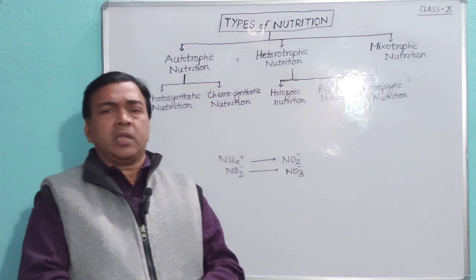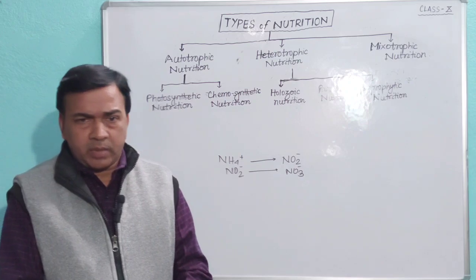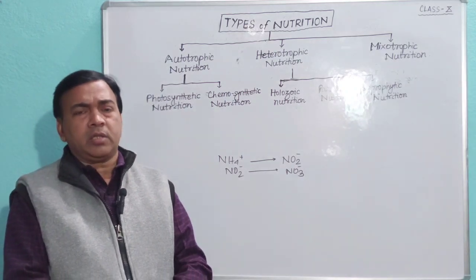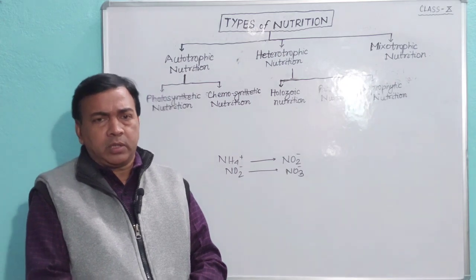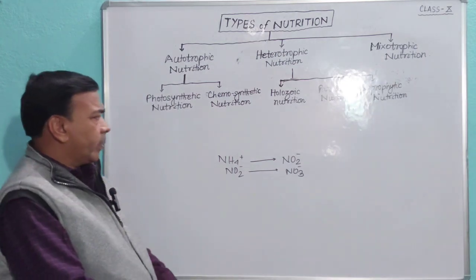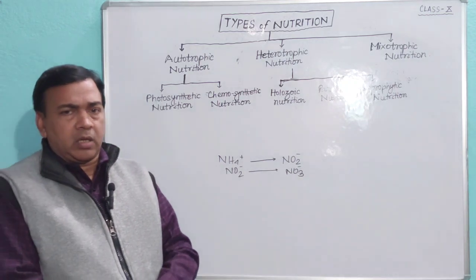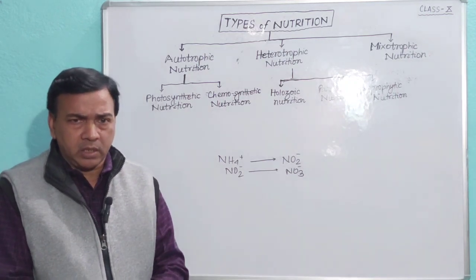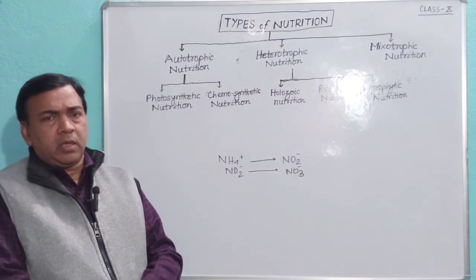These thermal vents release hydrogen sulfide, and the sulfur bacteria use this hydrogen sulfide to synthesize their food and get energy. Similarly, iron bacteria use iron compounds to get energy. Here, light or sunlight is not being involved.